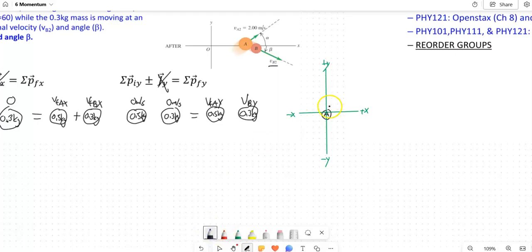It's moving off at a velocity of 2 meters per second at an angle of 60 degrees.